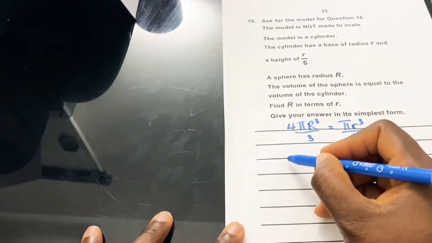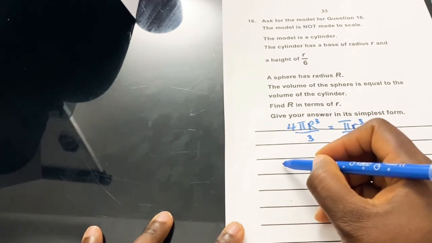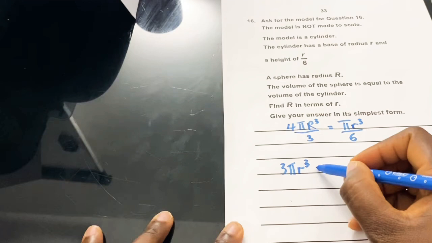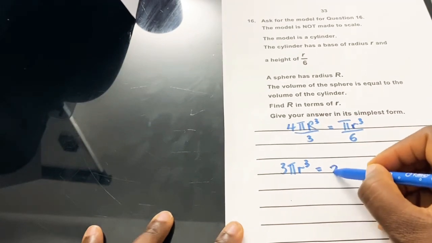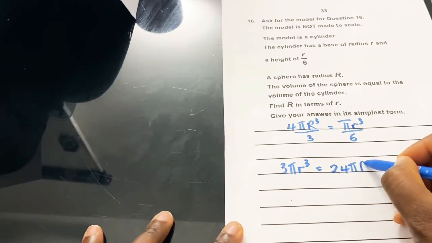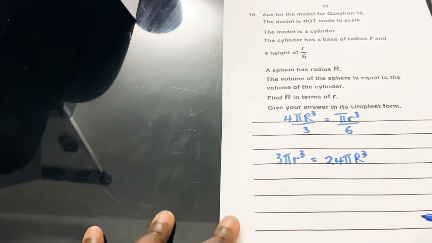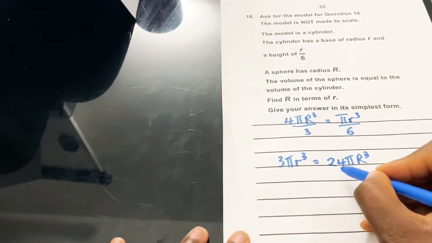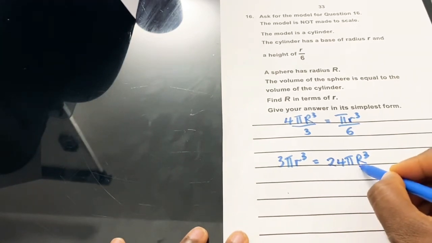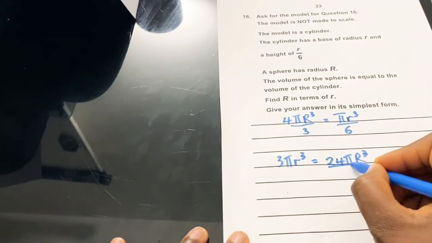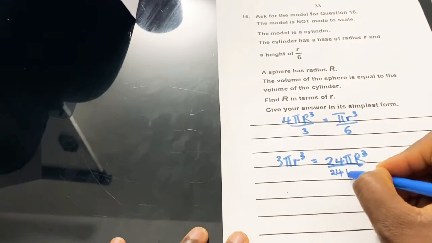If I cross multiply, I'm going to have 3 pi r cubed is equal to 24 pi big R cubed. I put it the other way around, but this is the one that I want to make the subject, so I can get rid of everything else by dividing both sides by 24 pi.